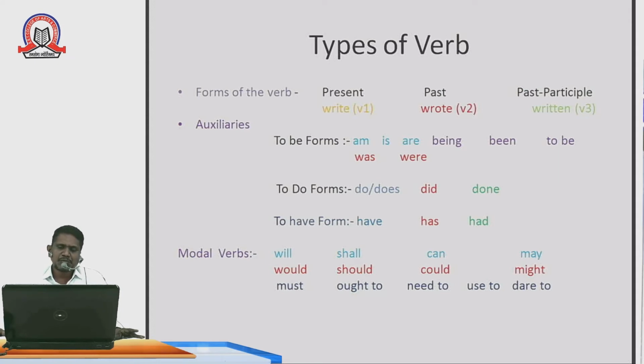For this purpose you should use have, and for the remaining pronouns, he, she, it, you must use has. How is that? He has written a poem. It means उसने poem लिखी है.